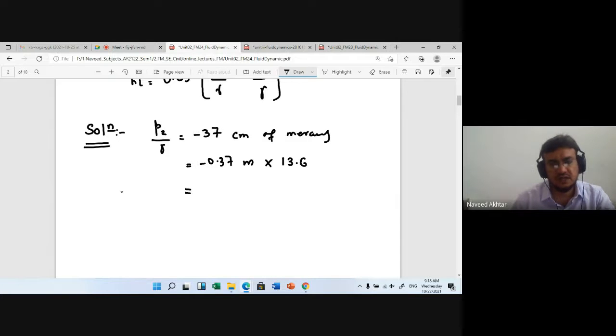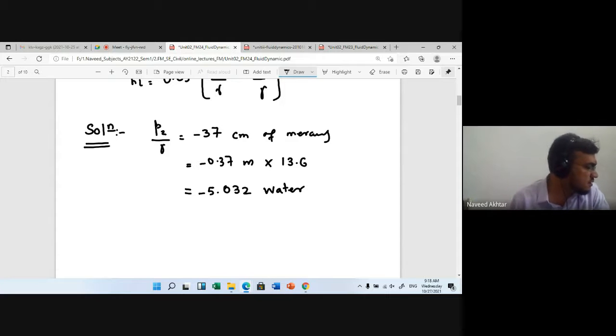So 13.6 into 0.37 will come to minus 5.032 of water. That is the difference between the head in the water and the mercury.